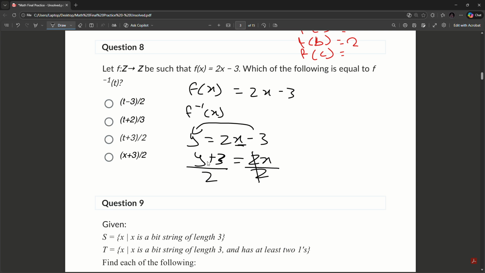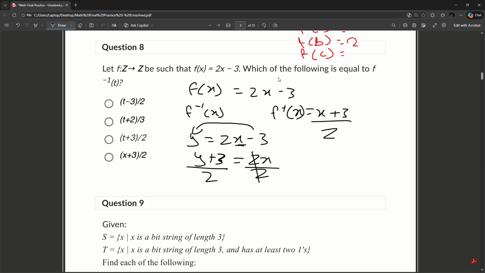So now x is equal to (y plus 3) over 2. And then of course you switch it back, so it's just f inverse, and this is of course being x.